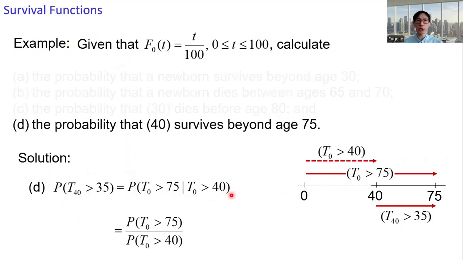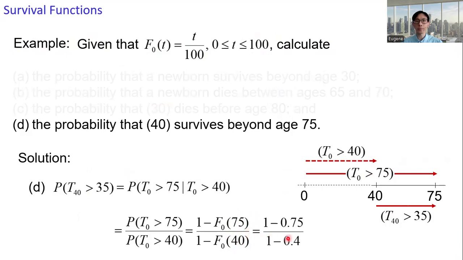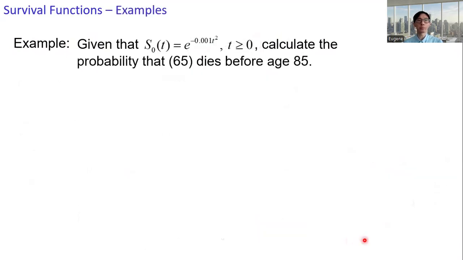Expressed in terms of T0 and the corresponding distribution function F0. Substitute t equals 75 and t equals 40 respectively. And we get the answer 0.4167. All right, so let's move on to the next example.